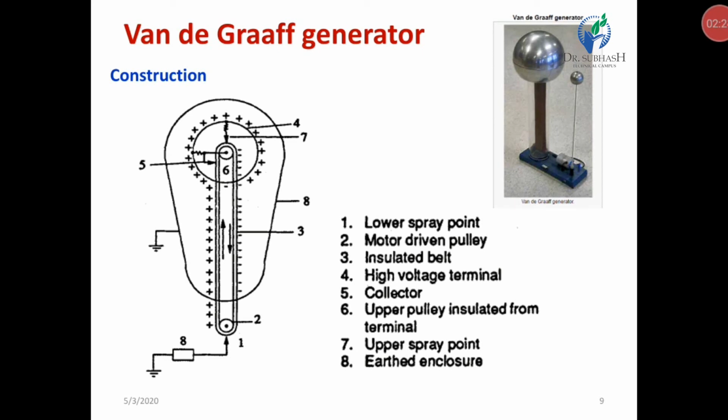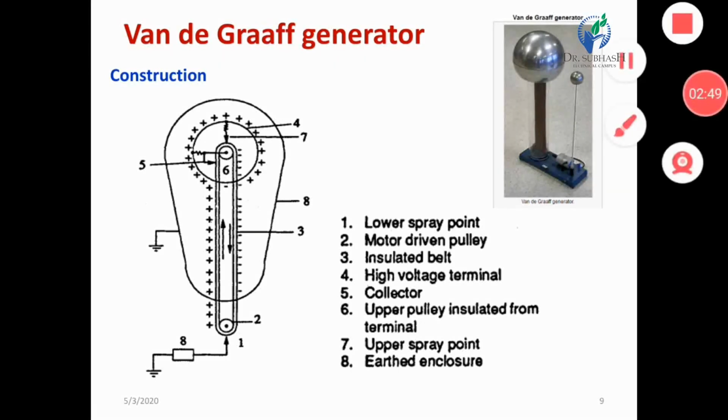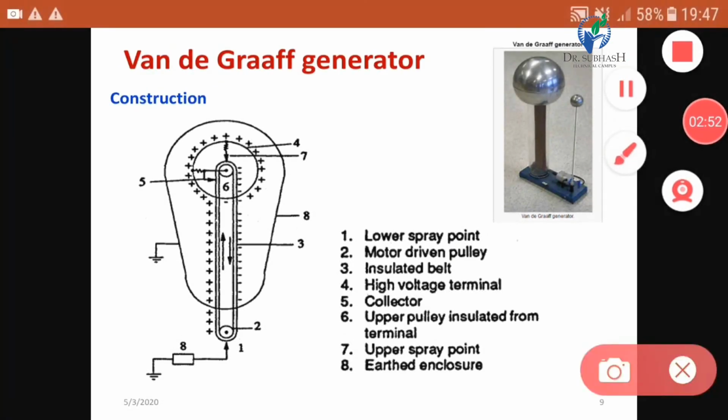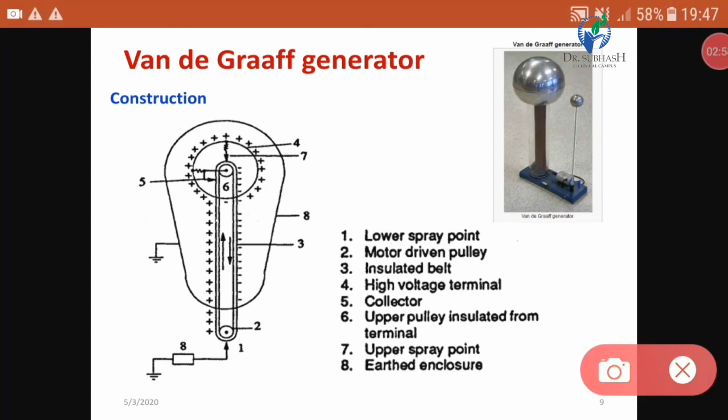Number 4 is high voltage terminal. Fifth one is collector. Sixth one is upper pulley insulated from terminal. Seventh one is upper spray point. And 8 is earthed enclosure. So these are the parts of the Van de Graaff generator.